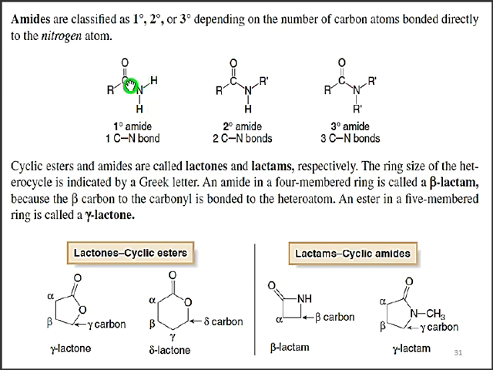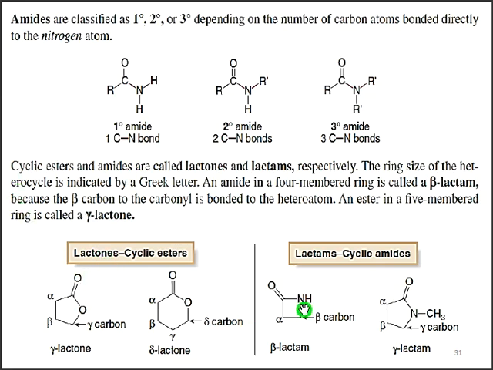Here we have just one carbon bonded to the nitrogen, so it is a primary amide. Here we have this carbon and this carbon bonded to the nitrogen, so it is a secondary amide. And here we have 1, 2, 3 carbon atoms. For this reason, it is a tertiary amide.